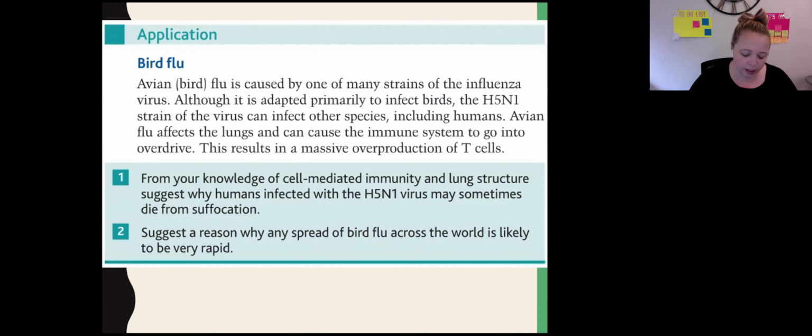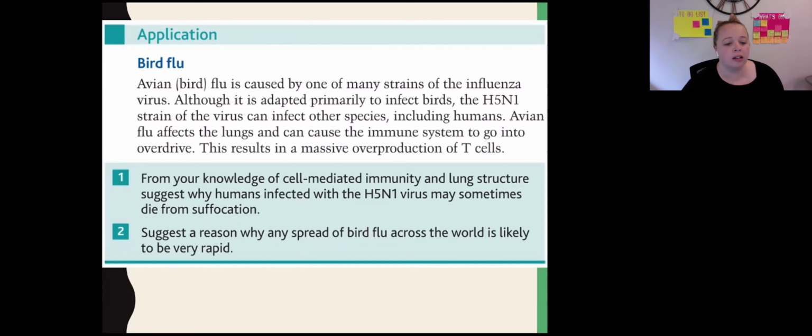If you get a lot of cell death, then you might get less alveoli surface area. If you get less surface area, you get less O2 available, or the rate decreases. And if that happens, then you're likely to suffer from suffocation, potentially.